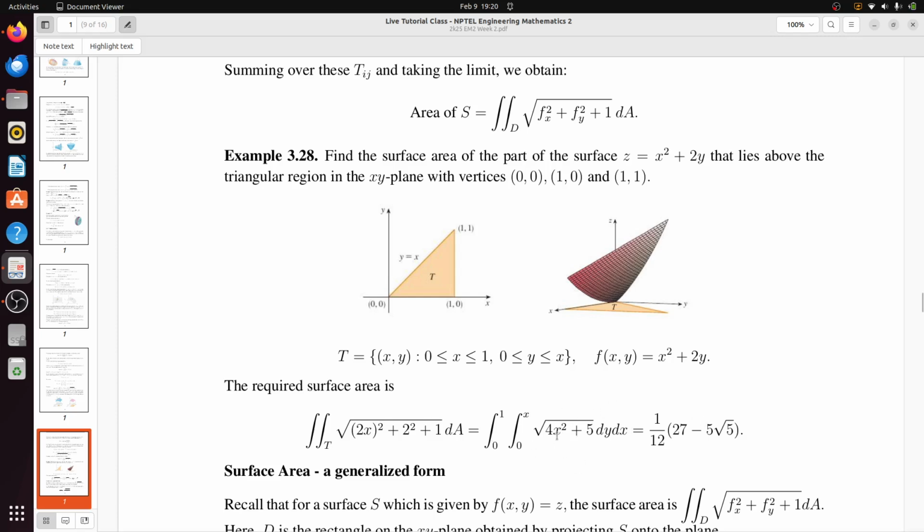Now you need to integrate it. Those who have joined online, I request you to please do this integral. Whatever I have done, is it clear? I hope it is clear till now, because there is nothing very difficult in this formula. You have f, you calculate f_x, f_y, and then you just need to integrate.